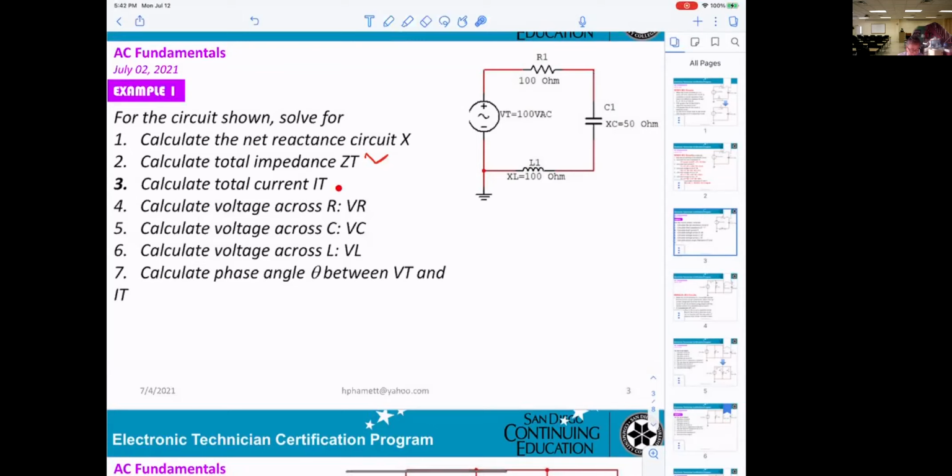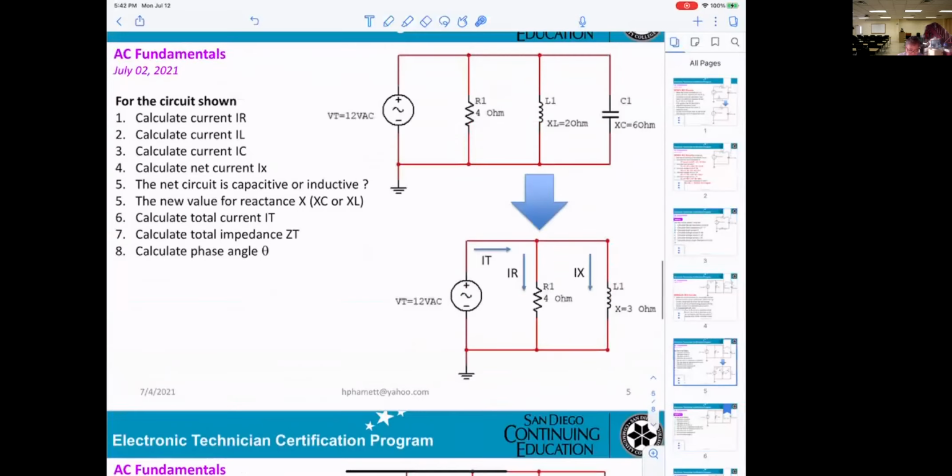And if you want to calculate the total current, you take the total voltage divided by the total impedance. You just do the calculation, that's what you get for IT. Then if you want to calculate the VR, go back to the original circuitry.